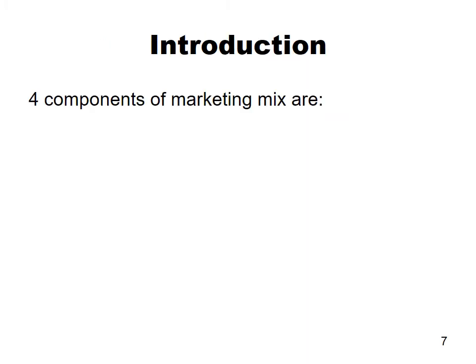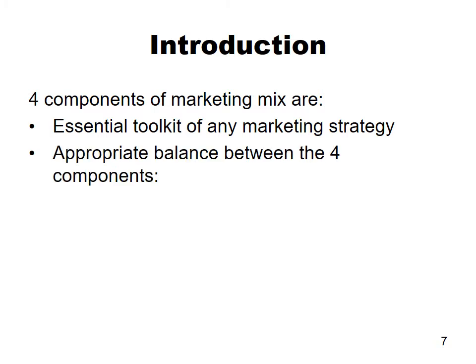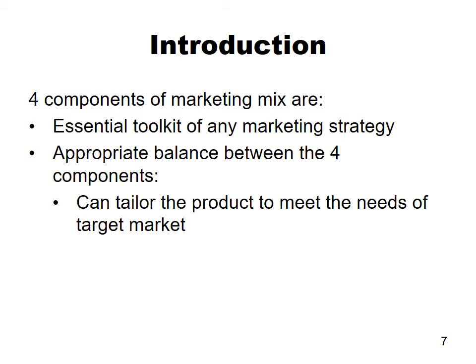The 4 components of the marketing mix are essential toolkits of any marketing strategy. An appropriate balance between the 4 components can tailor the product to meet the needs of the target market.